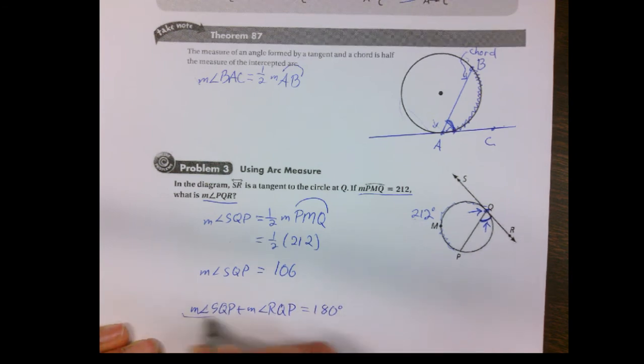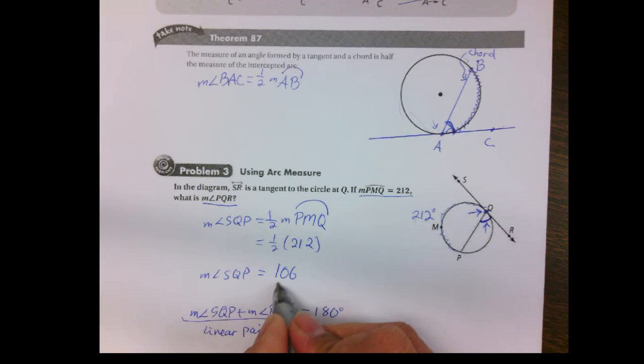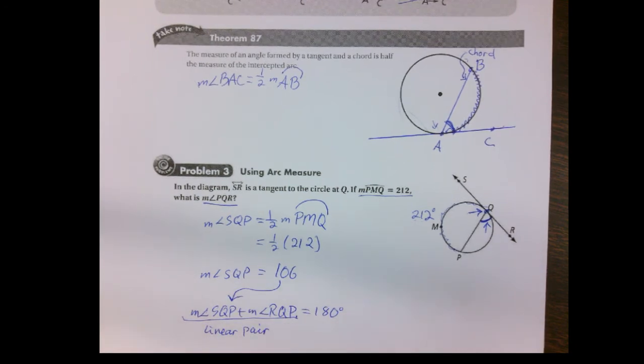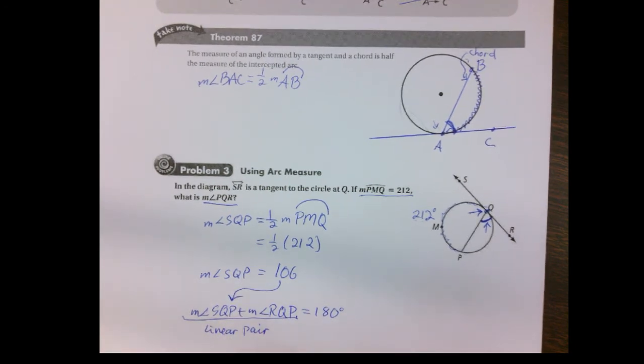And again, hopefully you remember what a linear pair is. And we know what SQP is. So that means if you just do a little quick subtraction, measure of angle PQR, whatever, is 74 degrees. Awesome.